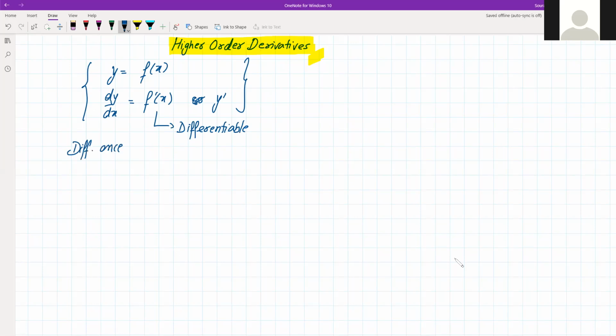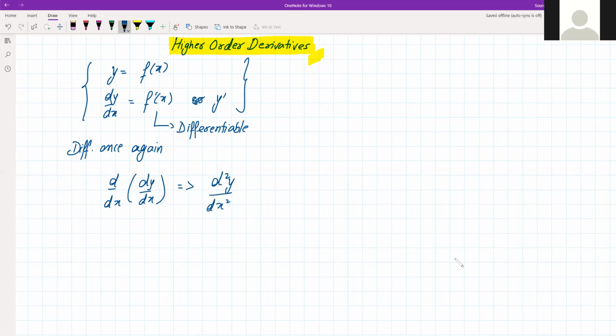what will happen? Now I'll have differentiation, that is again with respect to x, of dy by dx. So different notations are there for this. One of them is d square y by dx square.